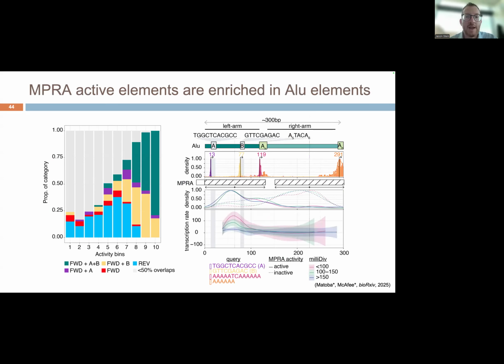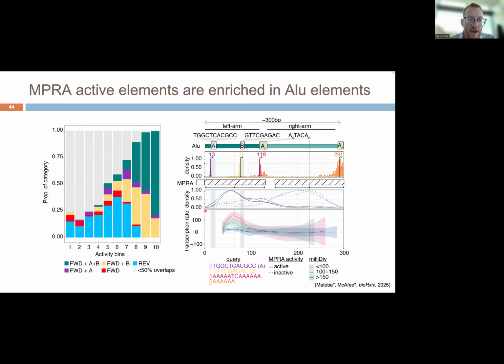We found that EMPRA active elements for our cortical structure associated library were highly enriched in ALU elements. Here are bins of EMPRA activity, and we're showing different types of ALU elements containing either the A or B boxes. These are regions of the ALU elements that function as promoters. Those regions with both the A and B boxes in the forward orientation seem to have the highest enrichment for EMPRA activity.